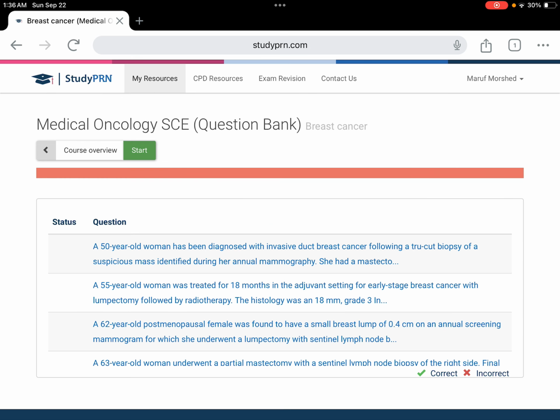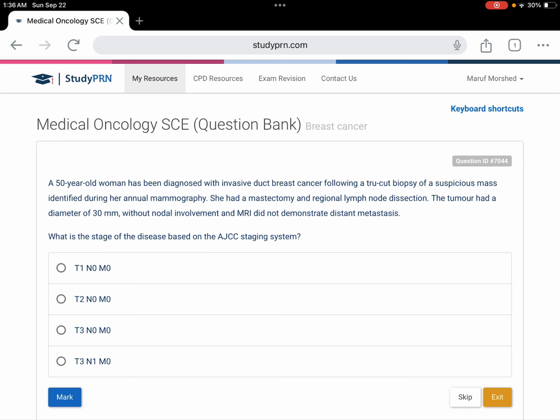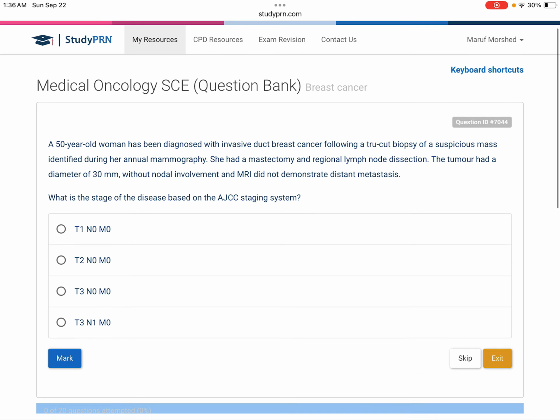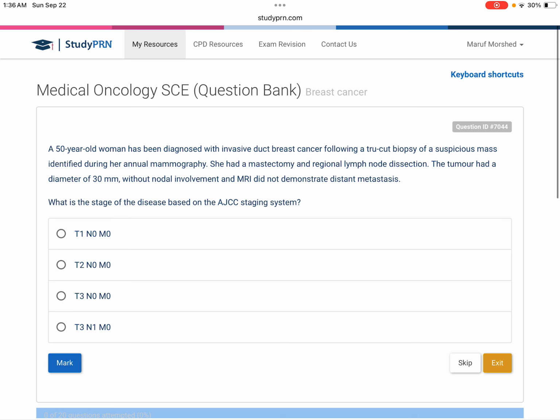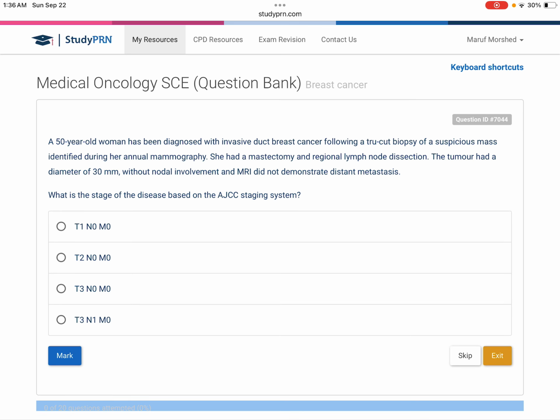These are the questions, and it's almost like the past test. The question: a 50 year old woman has an invasive ductal cancer on Trucut biopsy, a suspicious mass on annual mammography, underwent mastectomy and regional lymph node dissection, with tumor size and nodal involvement.